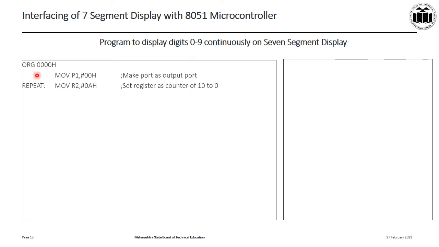The starting address is chosen as ORG 00H. Port 1 is made output port as 7-segment display is connected on port 1. We are displaying 10 digits from 0 to 9, so we will set a counter at #0AH for R2.